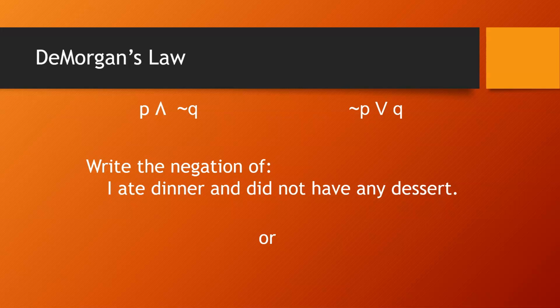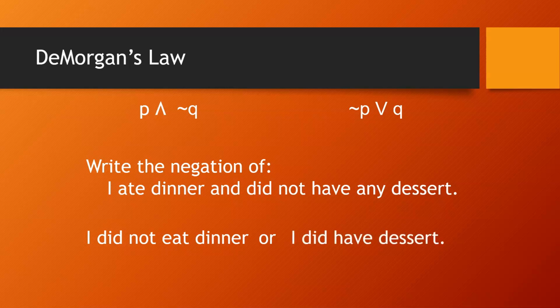So I ate dinner becomes I did not eat dinner. And I did not have any dessert becomes I did have dessert. So the truth values for our original statement, I ate dinner and did not have any dessert, are exactly the opposite of the truth values for I did not eat dinner or I did have dessert.